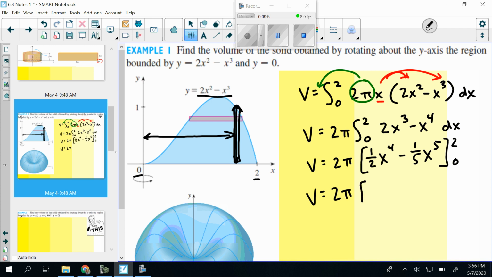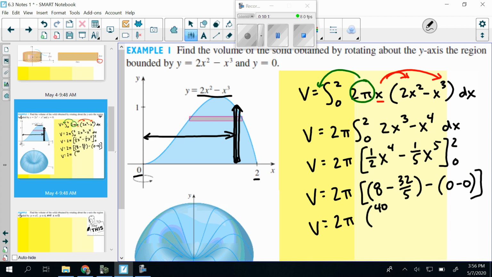Half of 16 would be 8. If we plug in 2 to the next one, 2 to the 5th is 32, so we get 32/5. If we plug in 0, both of those end up being 0. So now simplifying, 8 is the same as 40/5 minus 32/5, which would be 8/5.